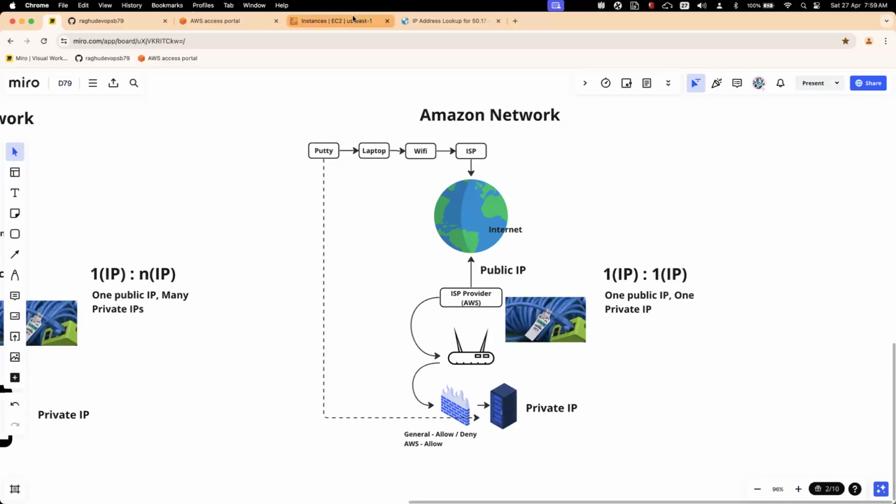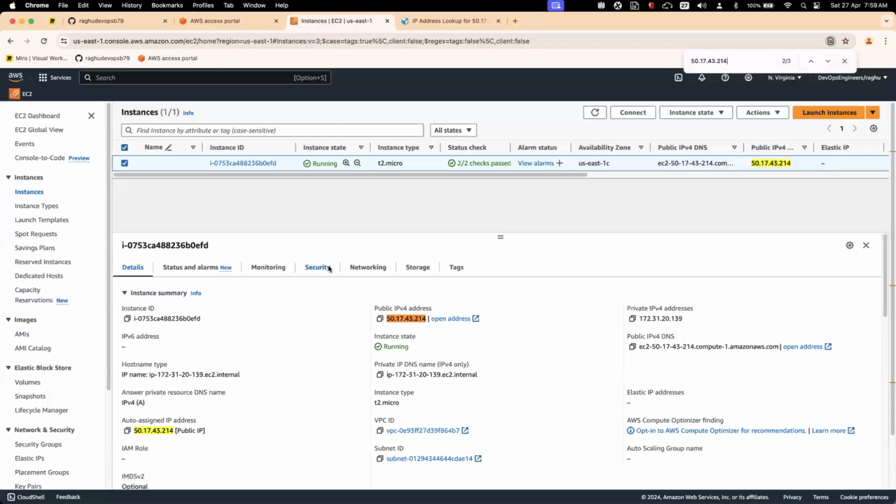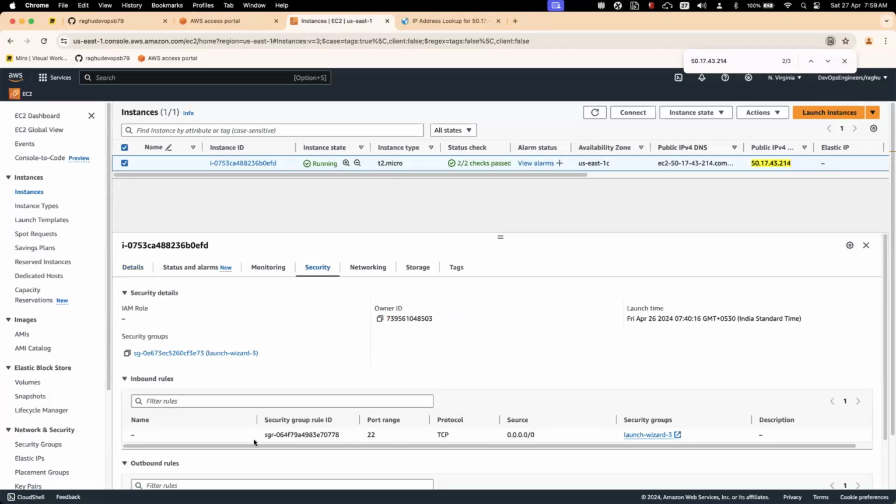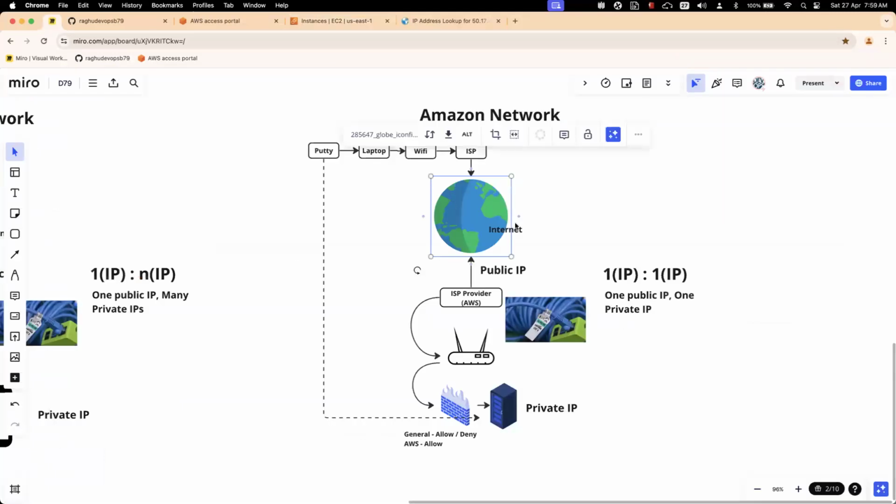Now you go to the server, you have a security group for that particular server, and the security group is telling that port number 22, you allow anyone. The 0.0.0.0 means the whole big zero; this is the whole world, the whole internet representation.